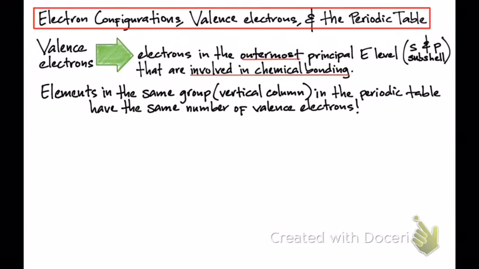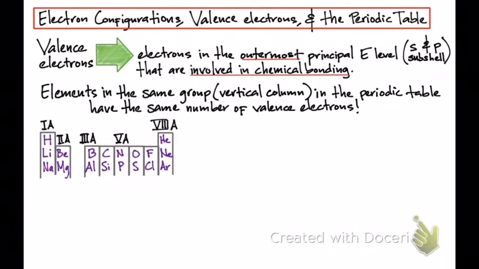If you have two elements in the same group, they have the same number of valence electrons. So how do we prove that? Again, if you have, let's say, hydrogen, lithium, and sodium, these three elements will have the same number of valence electrons. Group 2 elements, same number of valence electrons, and so on.